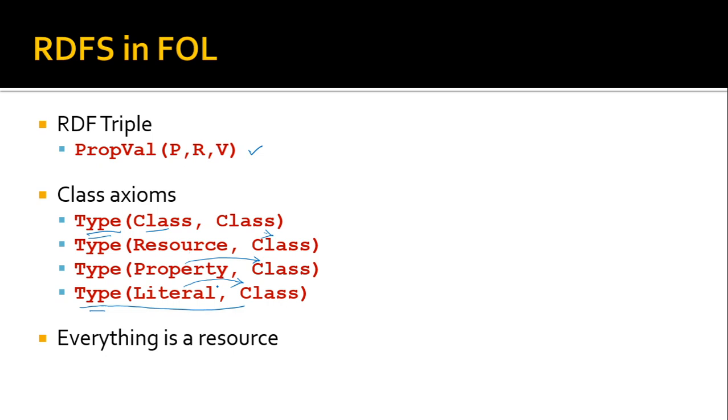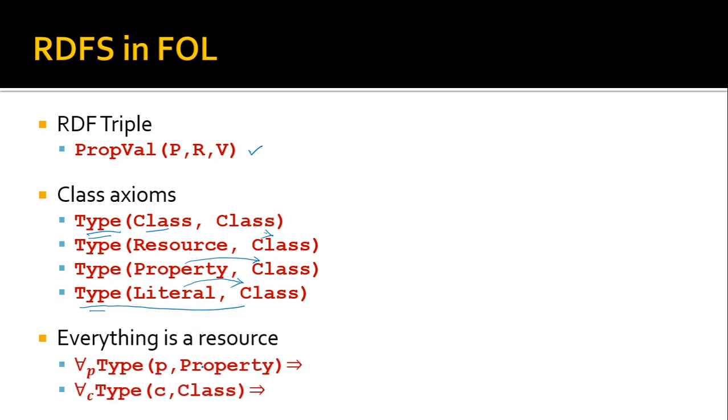Now, how do we define that everything is a resource? What do we mean by everything? This everything can be a property, a class, or a literal. We are just doing this for classes and properties, and you can extend that to literals also. So we are saying that if P is of type property, then we can infer that P is of type resource.